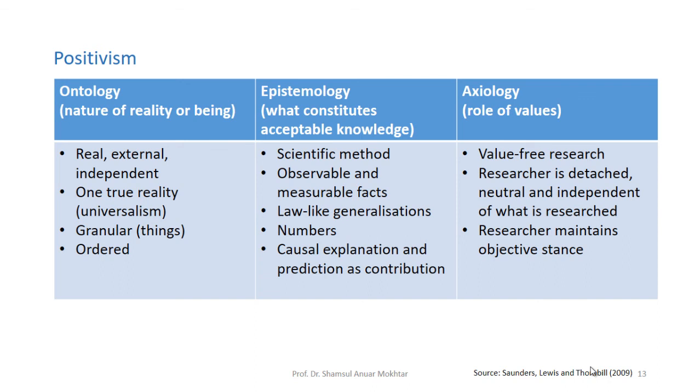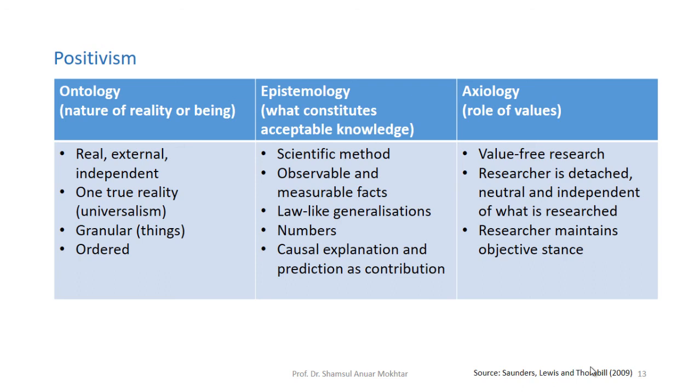Now the third assumption that we would make is what we call axiology, which is the role of values. The first point is that in positivism, the research is value free. What does value mean?